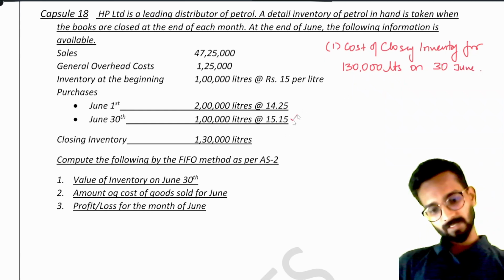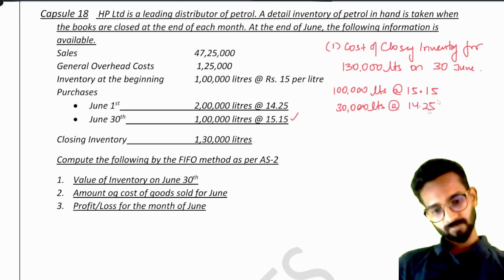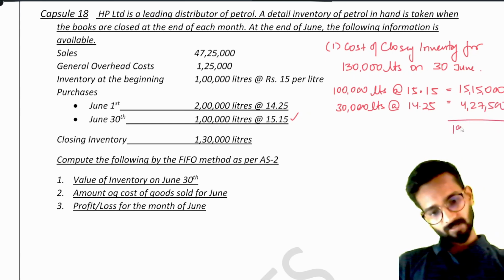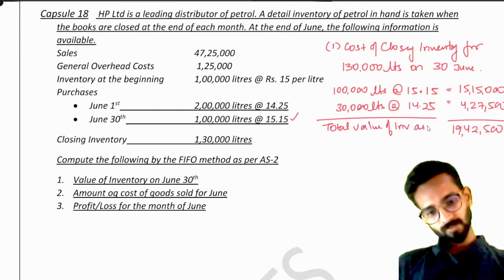Which one? 1 lakh liters of this, 1 lakh liters at 15.15, then 30,000 liters at 14.25, 15 lakh 15,000 and 4 lakh 27,500. So the total will be 19 lakh 42,500. This is our total cost, or you can say total value of inventory as on 30 June.